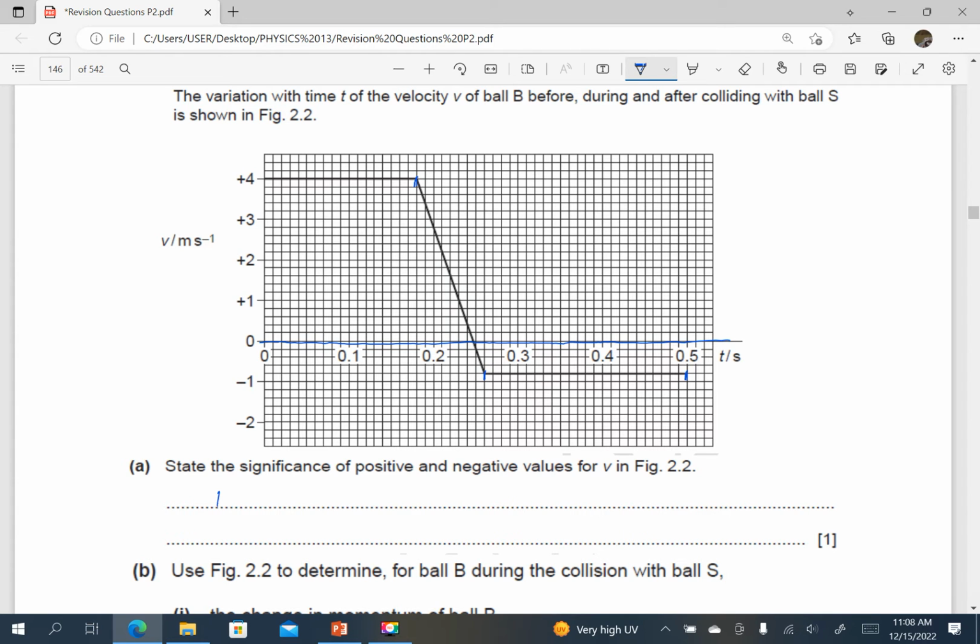So the ball is moving in opposite direction after collision.